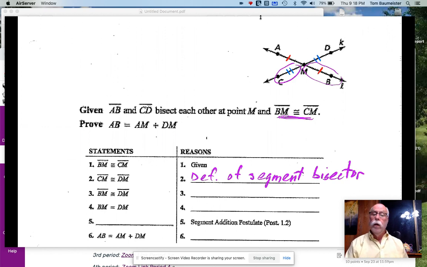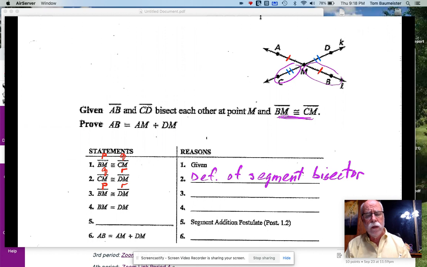Okay, now look at our statements again and see if you see a pattern. Let's see if we see it this time. I have P is congruent to Q. Q is congruent to R. So we can say that P is congruent to R. Okay, did I say that right?